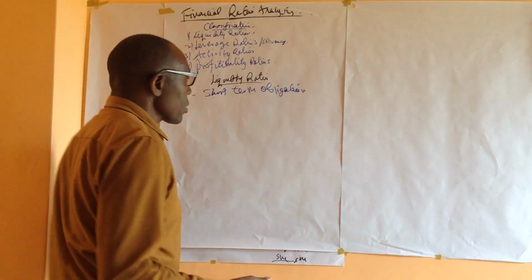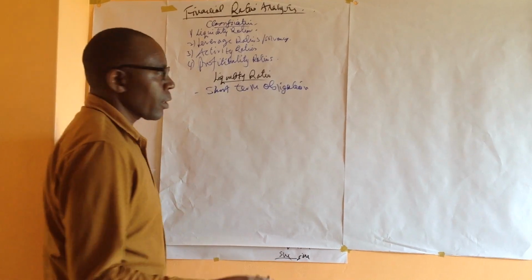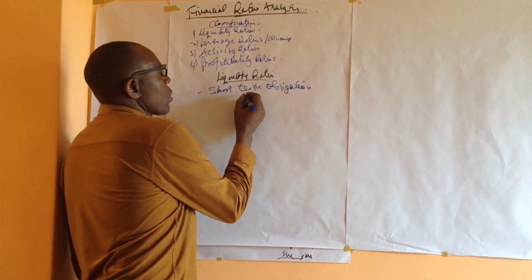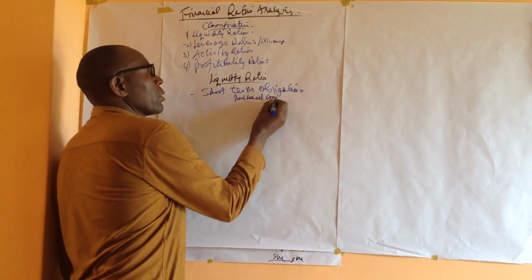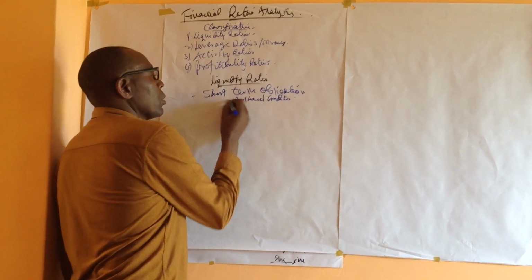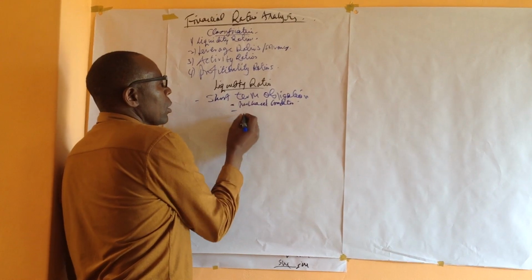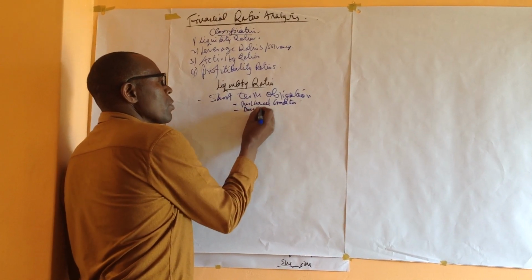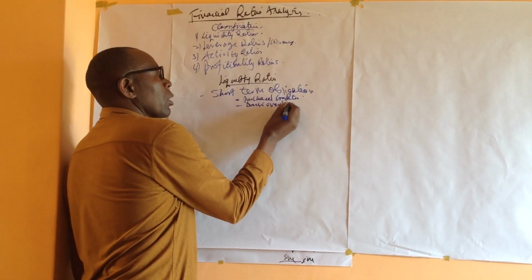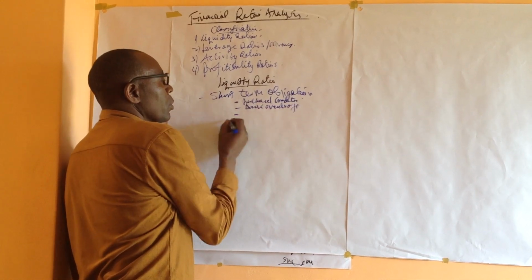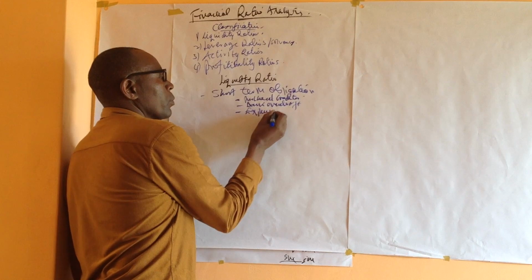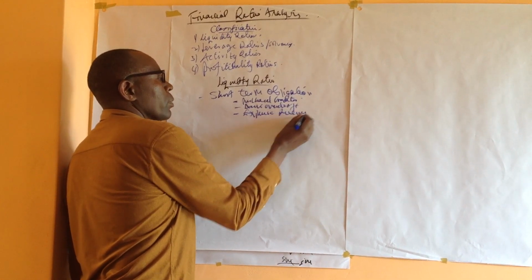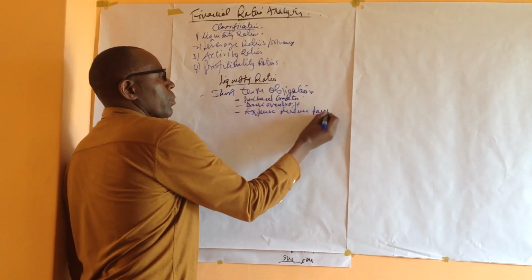So you have things like bank overdrafts, purchases or creditors. How are we going to cover these? We have expenses, especially the revenue payments.